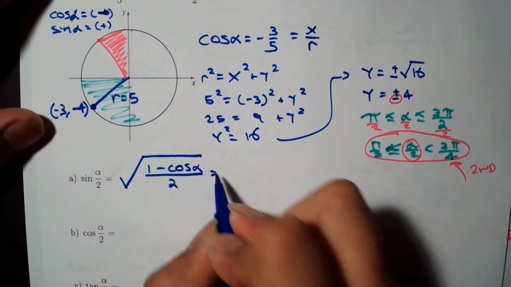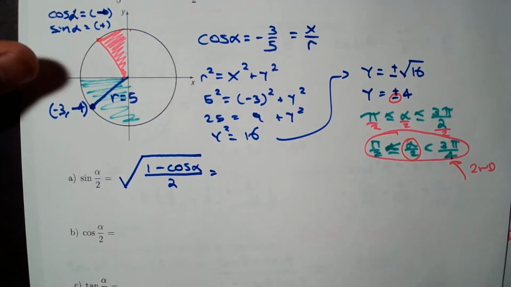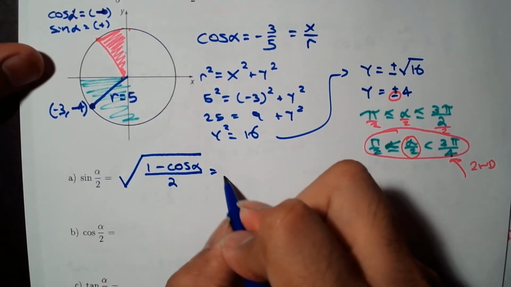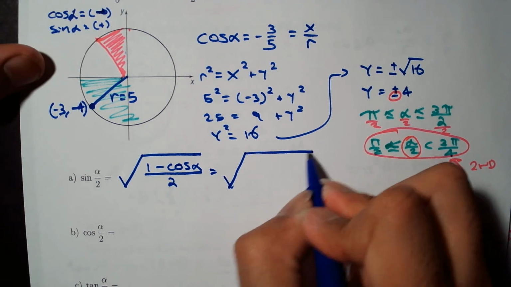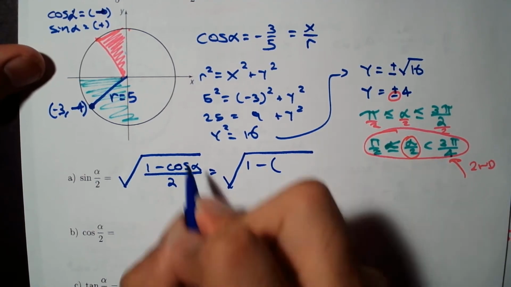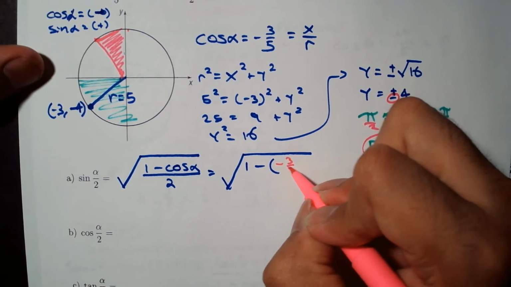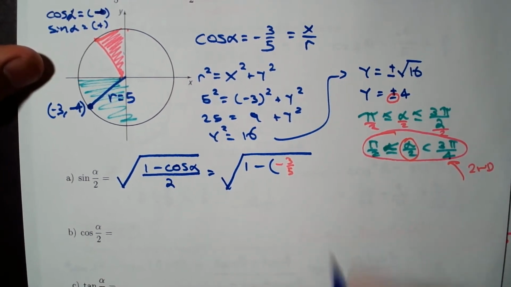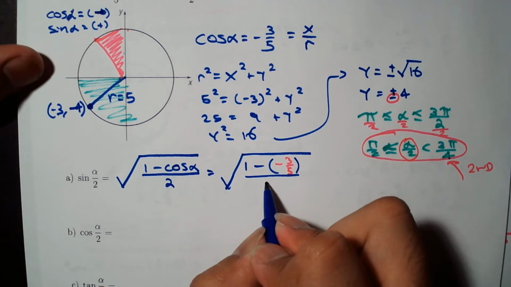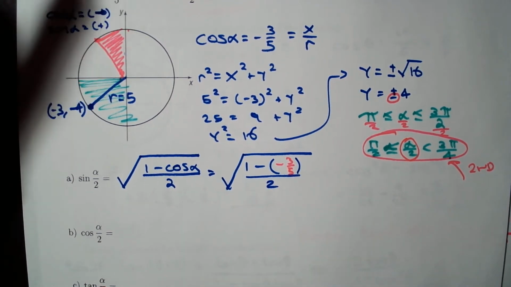So what's sine alpha over 2? Well, it is the square root of 1 minus cosine alpha, which is negative 3/5, and then divide that by 2. So what's this going to be?